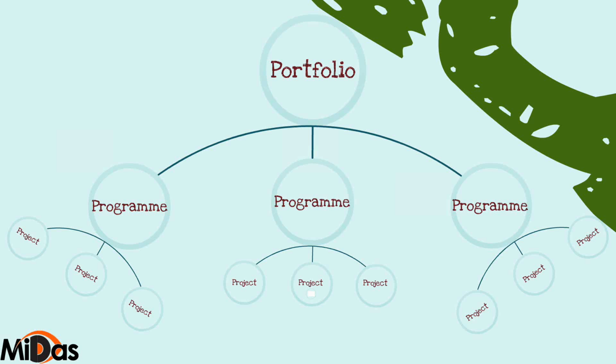So maybe for a very large organization, it can be within divisions, within the HR division, within the IT division, and so forth, or multiple business units. Or for a smaller organization, but not that small, you can have a portfolio at the organization level, then programs, and then projects. And how this all starts is basically there's a maturity level while we are doing all this.